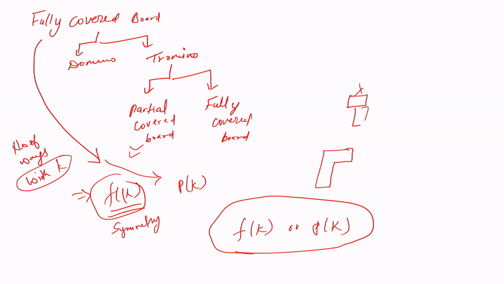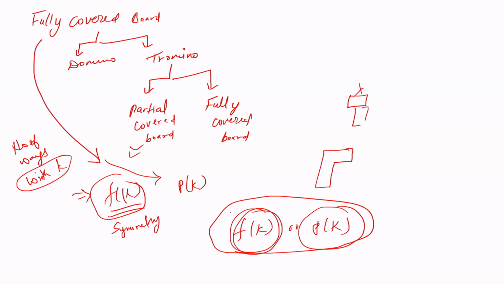So let's find f of k together, right? How will we find this f of k? And you can pause to practice, you can also find p of k on your own.